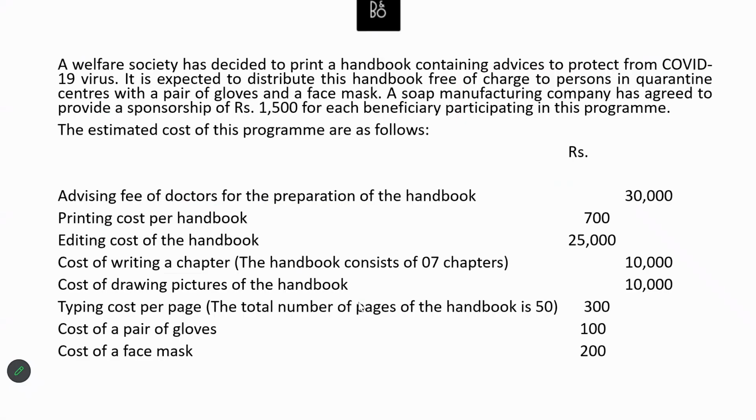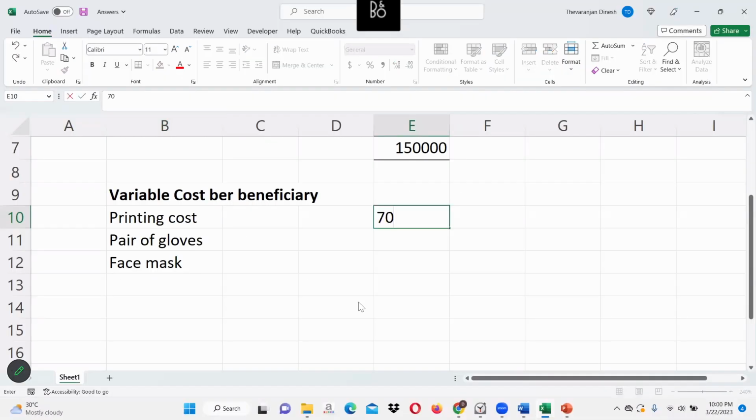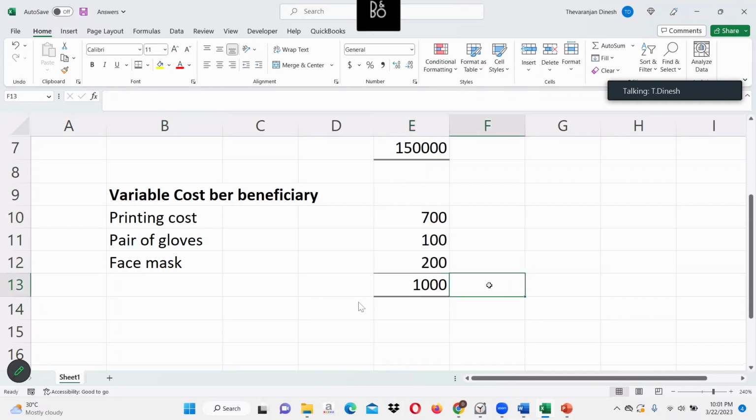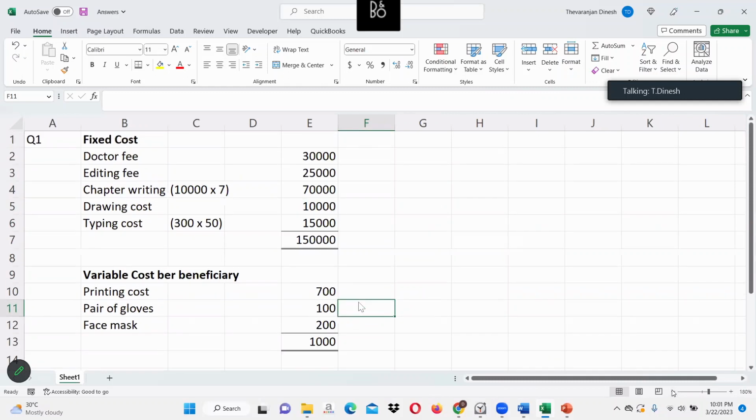Printing cost is 700, pair of gloves 100, face mask 200. So the total variable cost is 1,000 rupees per beneficiary. So these are the answers for the first question: fixed cost and variable cost per beneficiary. If you have any doubts, you can ask me.